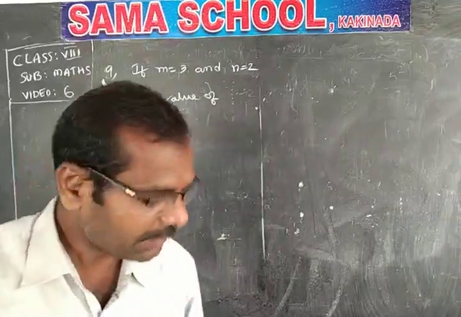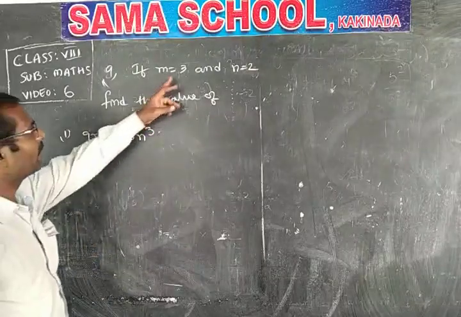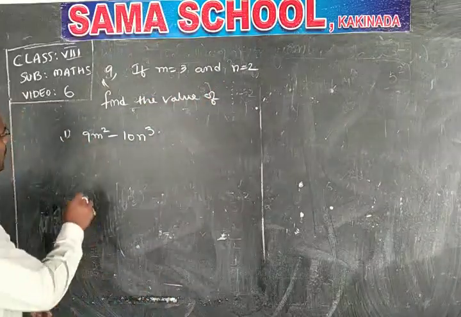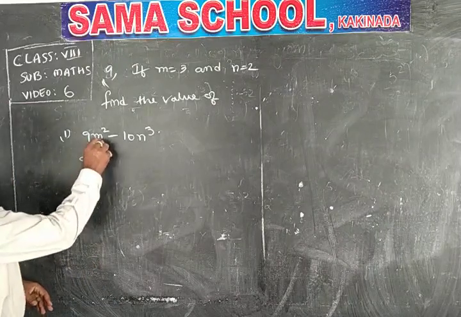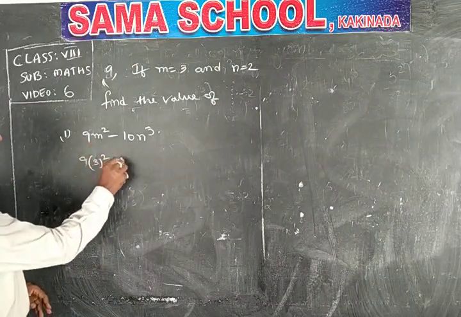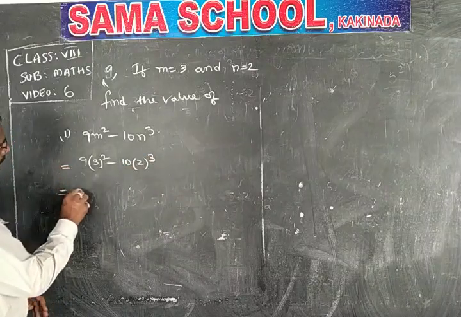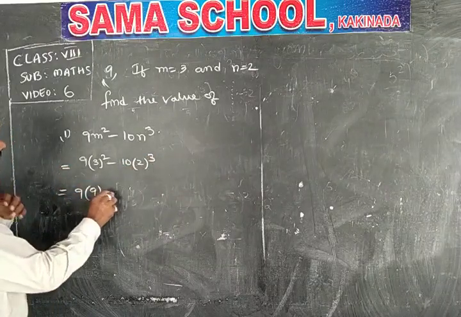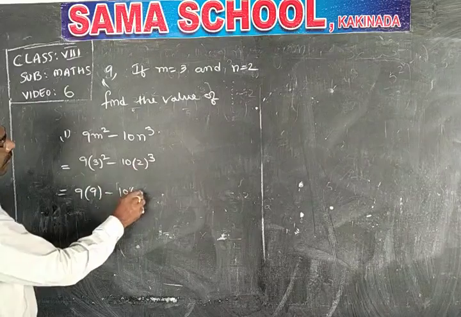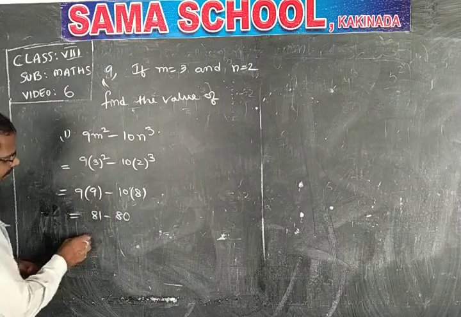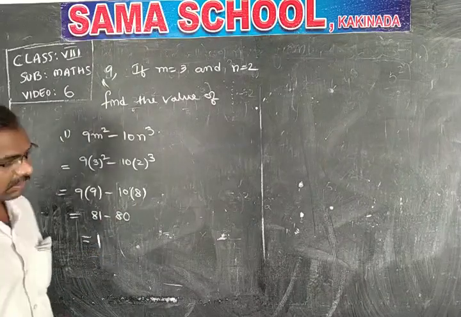So you have to substitute 3 in the place of m, 2 in the place of n. That means 9 into 3 square minus 10 into 2 cube. So 9 into 3 square means 9 into 9, 81, minus 10 into 2 cube means 80. 81 minus 80. Answer is 1 only.